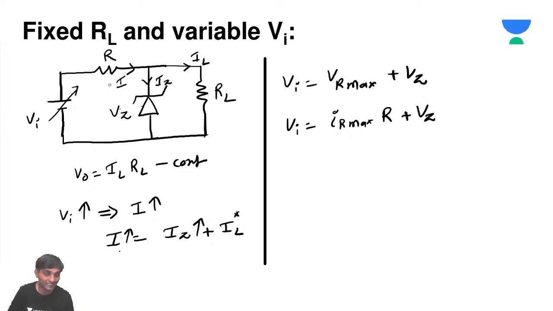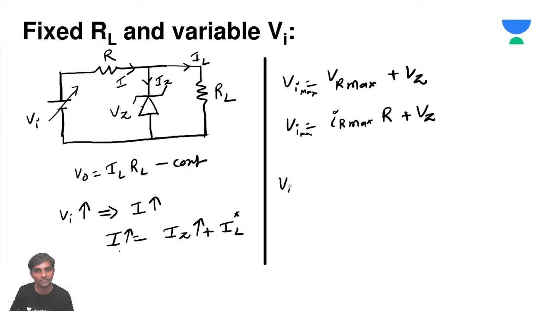The maximum current is flowing, but still it is giving constant voltage. That is the greatness of the Zener diode. So VI is IR maximum into R plus VZ. This is VI maximum I'm talking about.